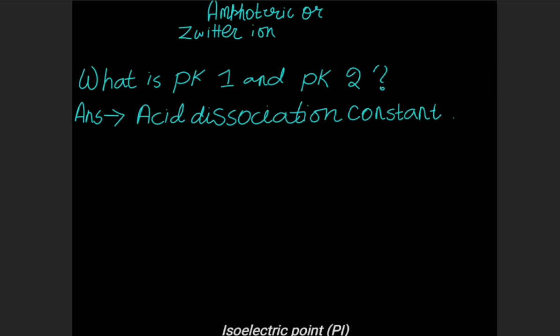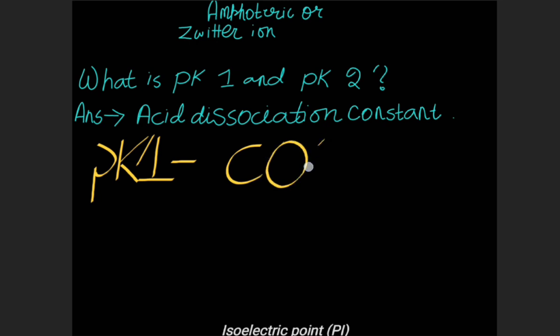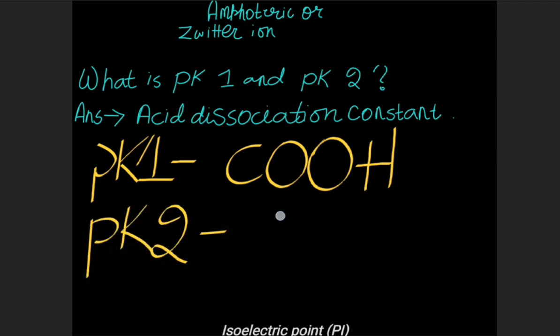So when we talk about pK1 and pK2, the most common thing that you need to remember is that pK1 is associated with the carboxylic group, right? And pK2 is associated with the amino group.